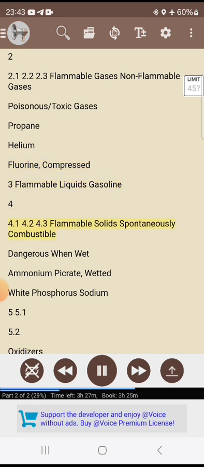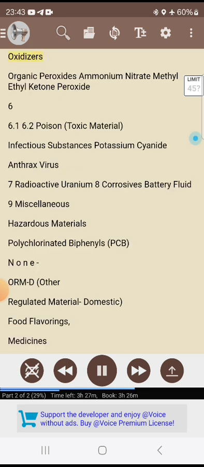Class 4, divisions 4.1, 4.2, 4.3: flammable solids, spontaneously combustible, dangerous when wet. Examples: ammonium picrate, wetted, white phosphorus, sodium. Class 5, divisions 5.1, 5.2: oxidizers, organic peroxides. Examples: ammonium nitrate, methyl ethyl ketone peroxide. Class 6, divisions 6.1, 6.2: poison toxic material, infectious substances.